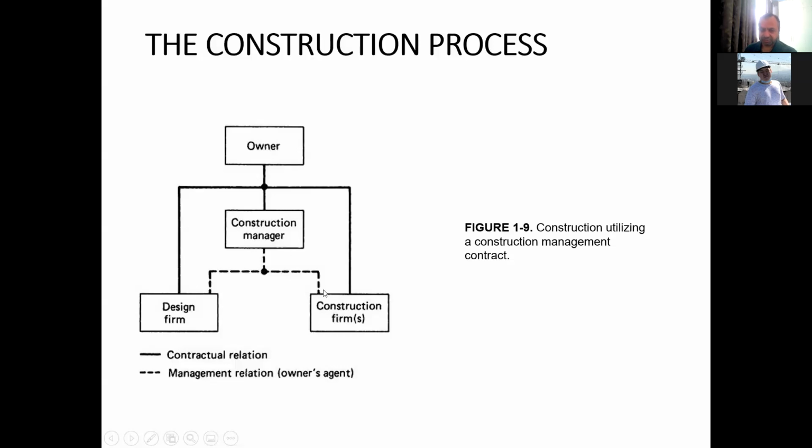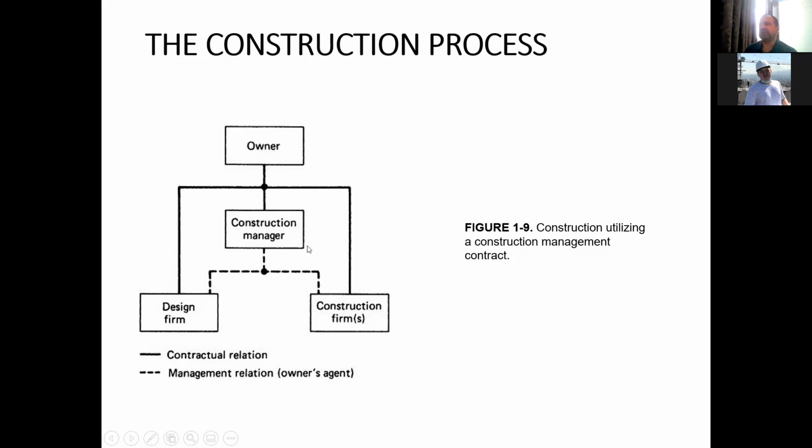In that case, someone may say that if the work later becomes poor or is delayed, the construction manager may not be responsible. Therefore, in later cases, there are some other variations of this type of contract where the construction manager is also held responsible for the performance of the work.